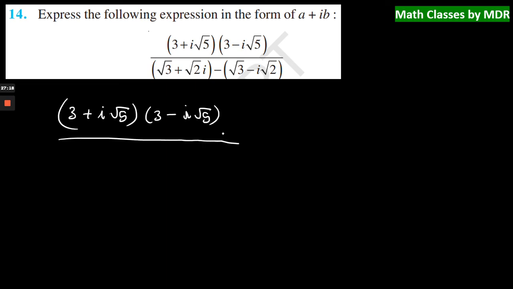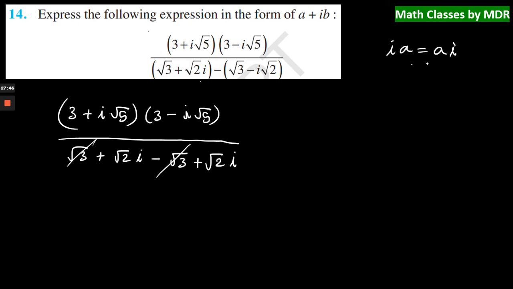Now let's come to the denominator. We have root 2i, root 3 plus root 2i minus root 3 minus root 2i. I root 2 or root 2i, both are the same, right? So minus of root 3 is minus root 3, minus of minus root 2i is plus root 2i. So root 3 minus root 3 is 0 and gets cancelled. Now root 2i plus i root 2, both are the same; you can write either ia or ai.